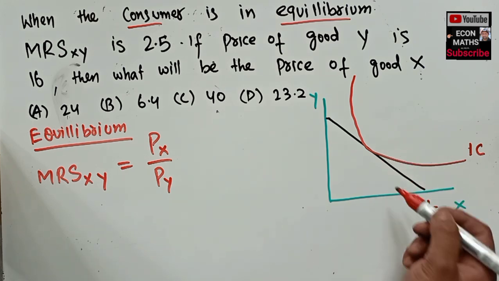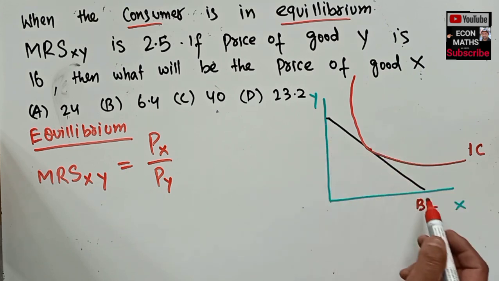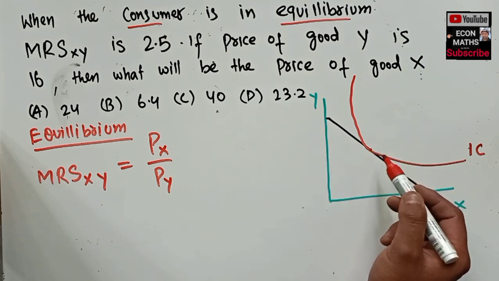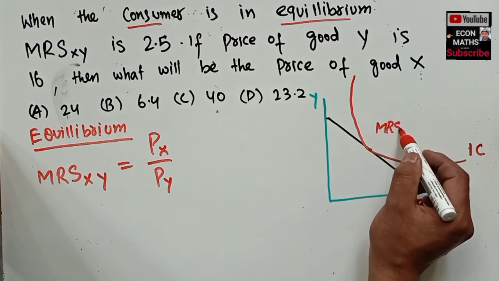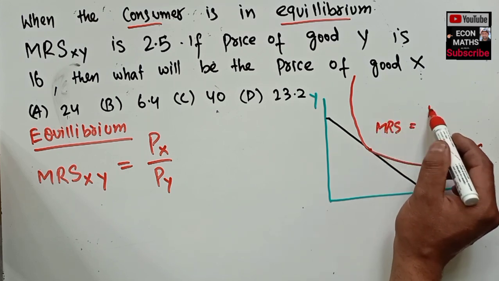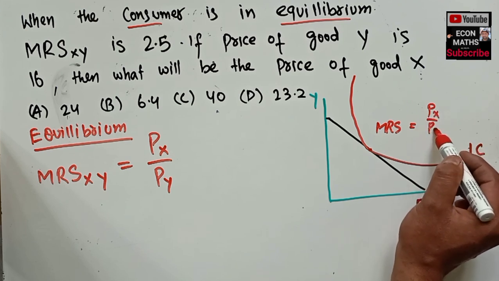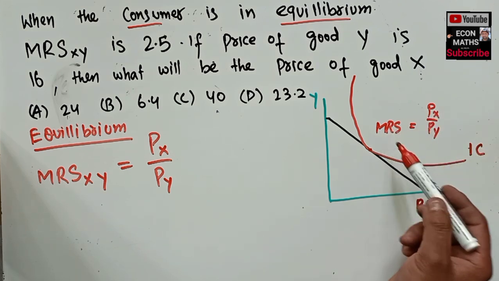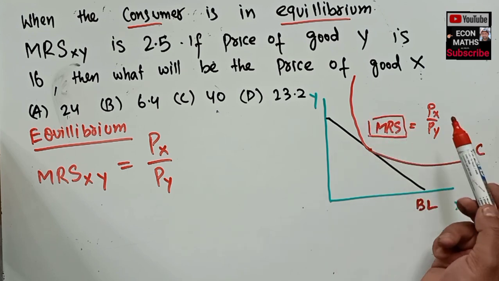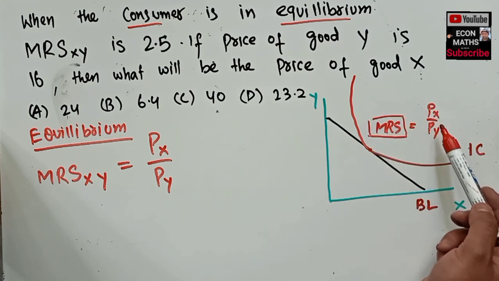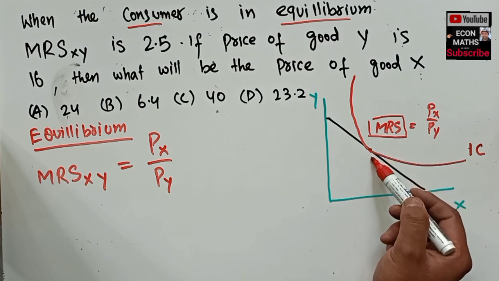Consumer attains equilibrium when the slope of budget line is tangent to the indifference curve, and it is a point where MRS is actually equal to price of X upon price of Y. That means when the slope of indifference curve, MRS simply denotes the slope of indifference curve, is equal to the ratio of the prices, we say consumer is at equilibrium.